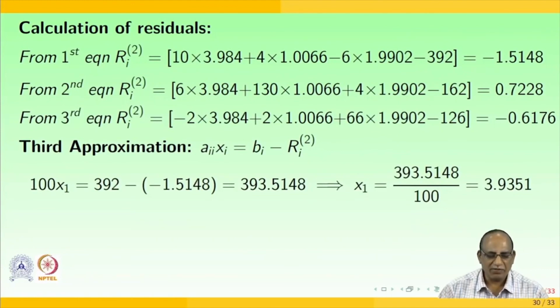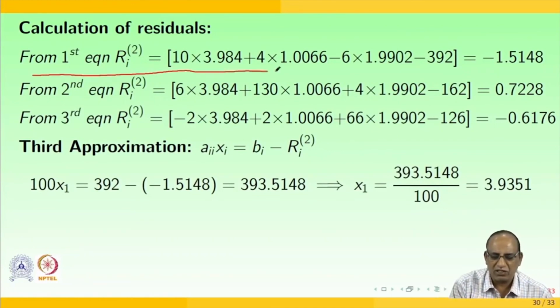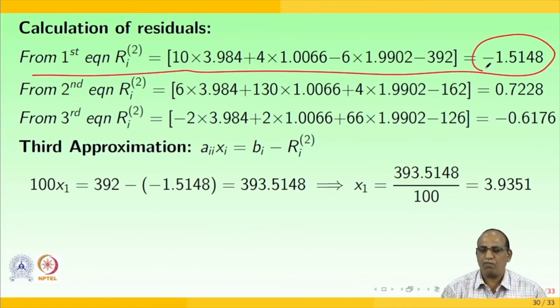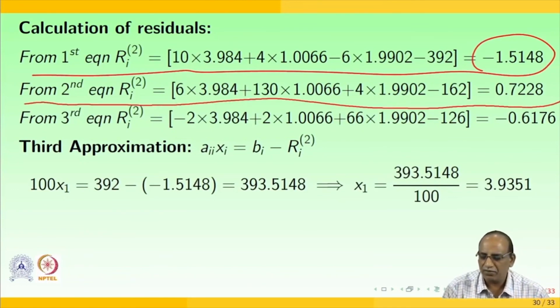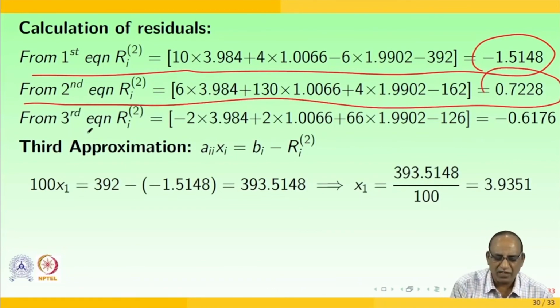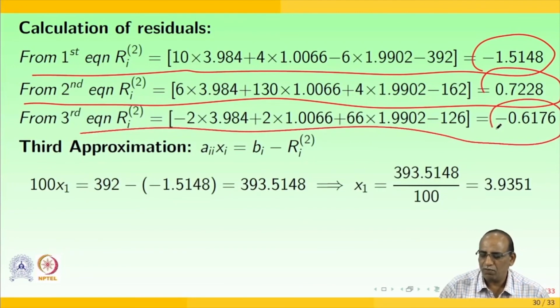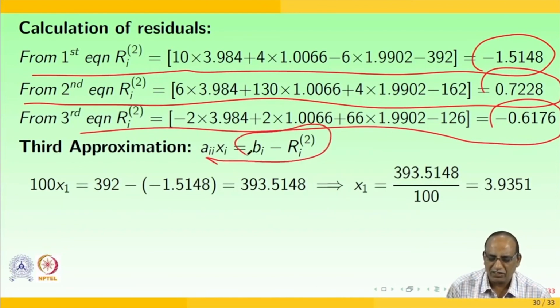So in the calculation of residues, if you do the first equation, you get minus 1.5148. From the second equation, you get 0.7228. Similarly, from the third equation, you get minus 0.6176. So the third approximation will be given by Bi minus Ri of 2.